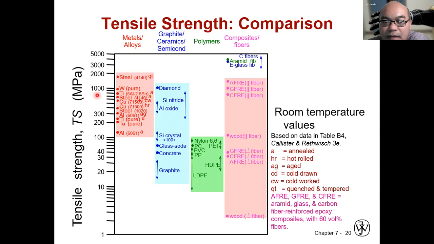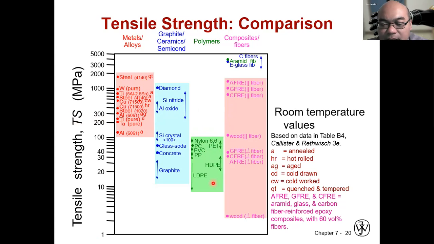So their tensile strength is even smaller than many of the metals. So how to interpret this? It means when you pull and pull and pull ceramics, or graphite or semiconductor beyond its linear elastic region, then only for a while it will immediately break. It does not deform in the plastic region. It just breaks. That's why the tensile strength is smaller than many of the metals.